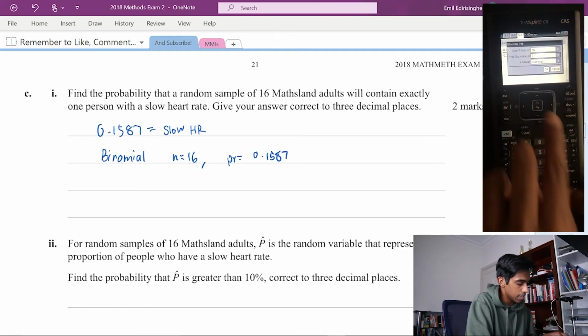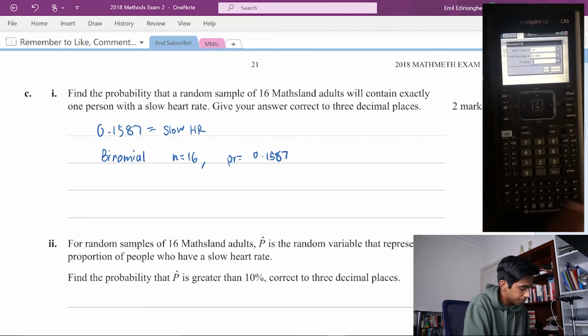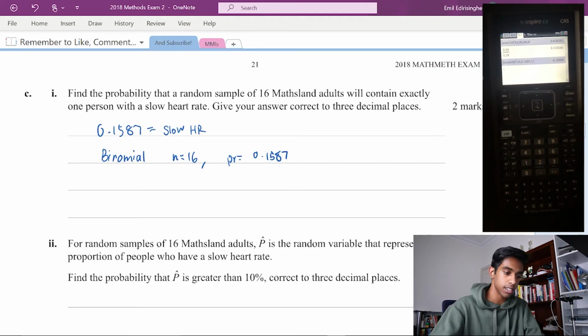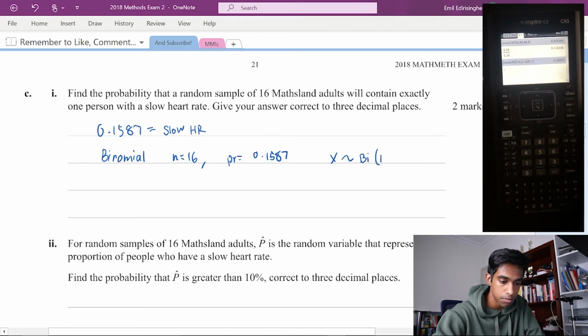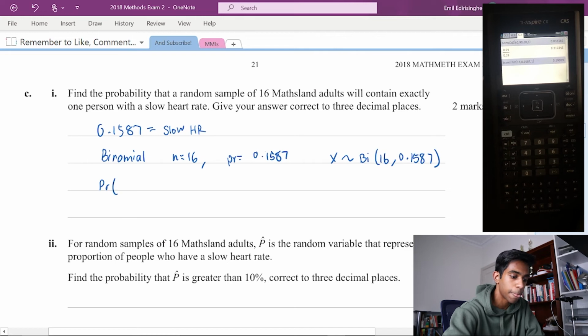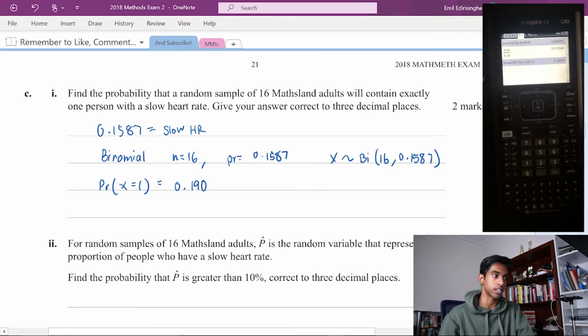We have 16 trials, probability of success is 0.1587, and the x value is 1. That gives us our answer, so we'll write this out properly: binomial PDF of 16, 0.1587, 1 is equal to 0.190, correct to 3 decimal places.